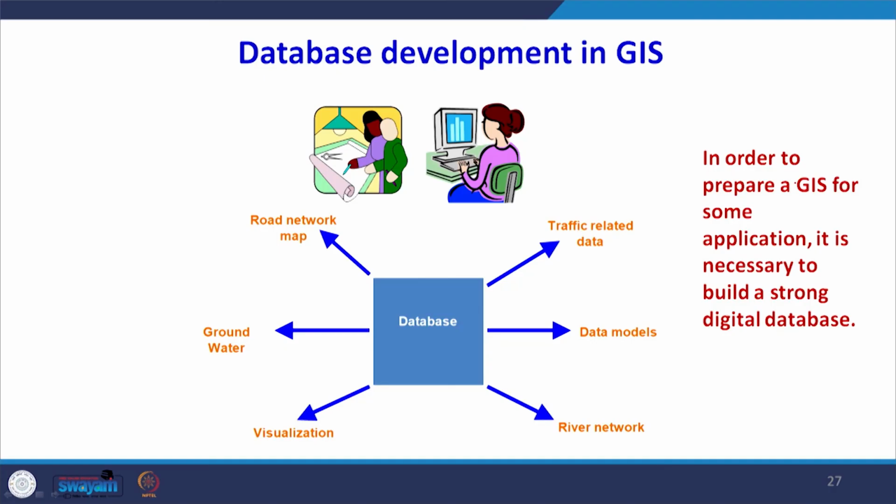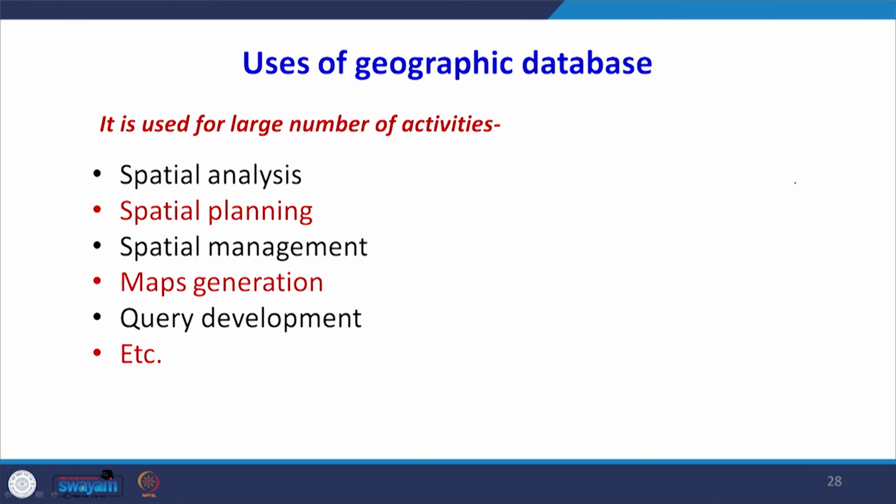Now, this database development, when you are developing the database for a particular application, you have to collect the related data, give the input to the data, and this is quite time consuming, and this database development has to be perfect so that you can carry out the accurate analysis and the query system from this.